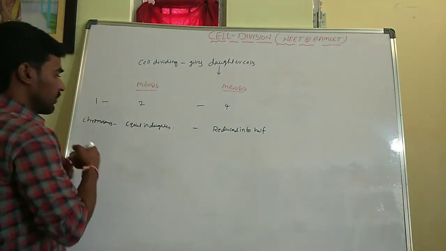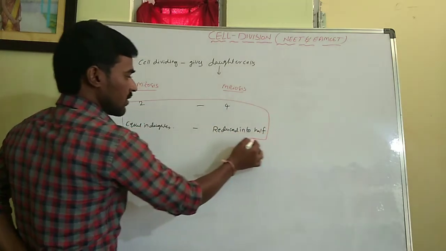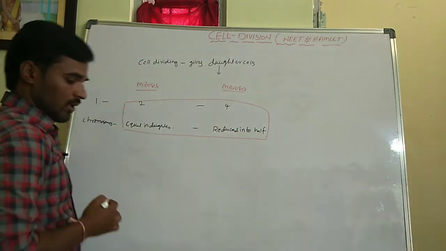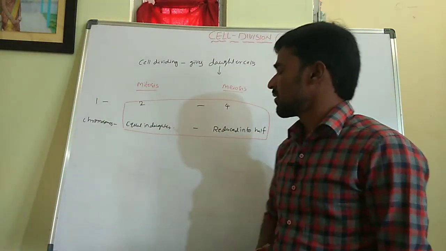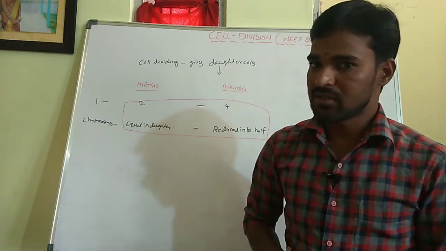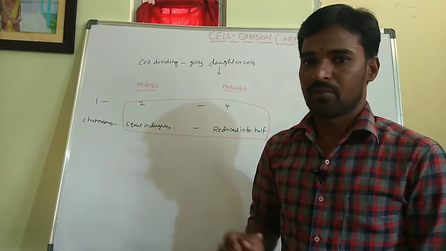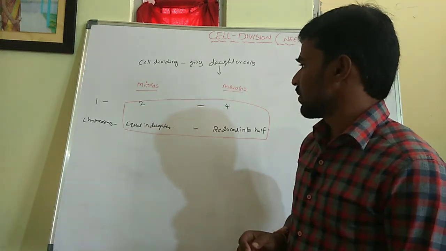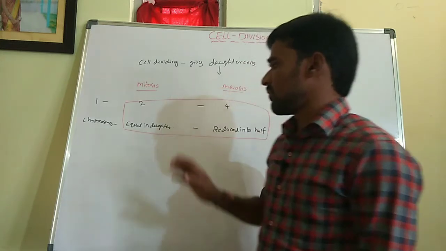These are the two major points in mitosis and meiosis. Based on these two points, in NEET and EAMCET they ask numerical and problematic questions.